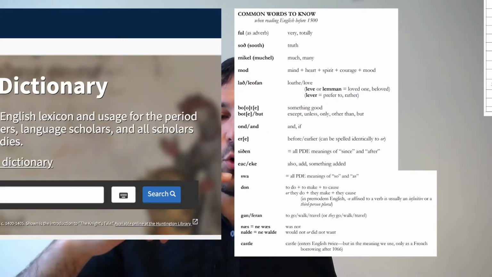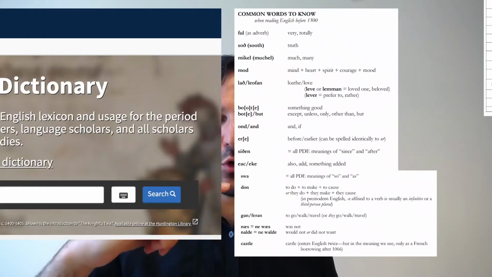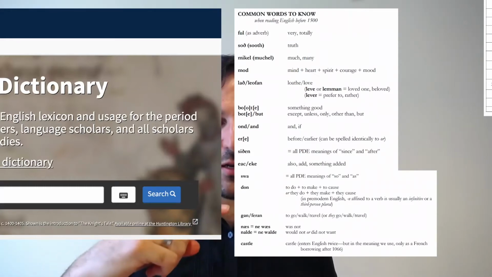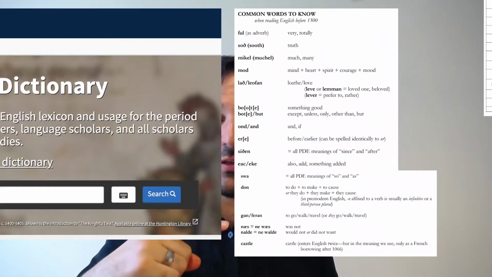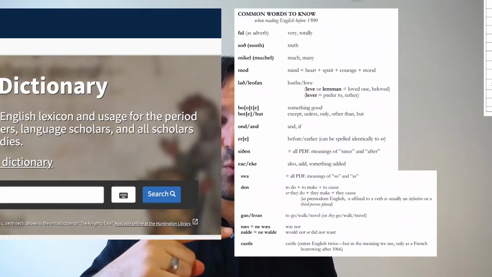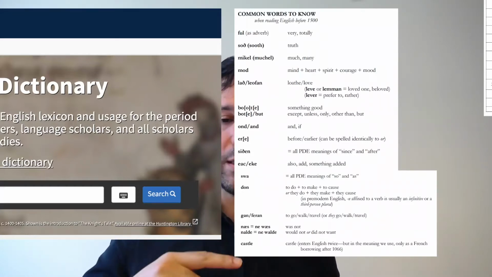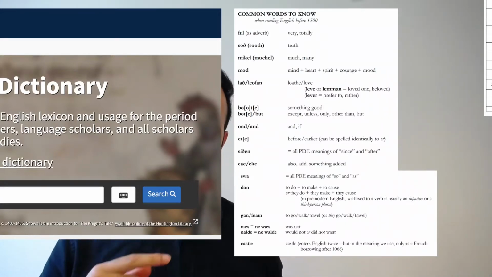And swa is an Old English usage that continues primarily in Northern usages, as we'll remember from Chaucer's mocking of Northern students. The verbs don, gan, and feran. The clitic constructions of newas to nas and newalda to nalda, right? The preclitics.